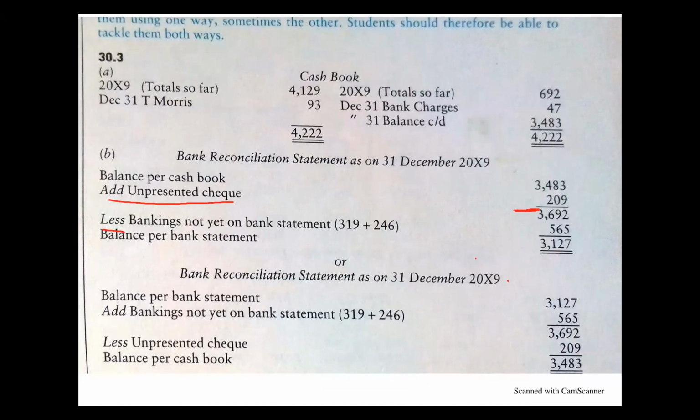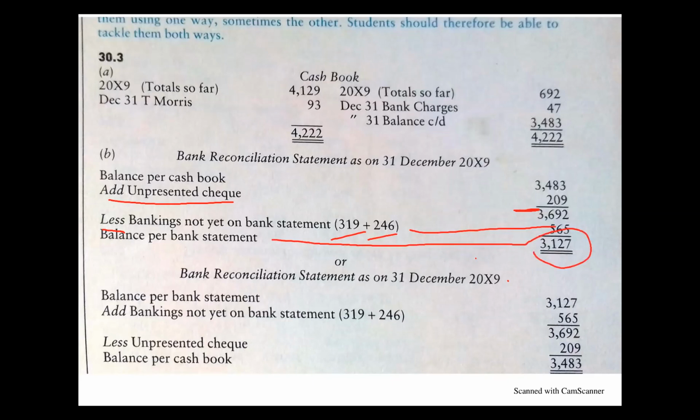So you less uncredited checks. For uncredited checks, we have these 319 and 240, 246, just as I showed you. The sum is this one. This is what you are lessing. When you less that from that amount, you have the balance per bank statement. That is what you are going to close with.